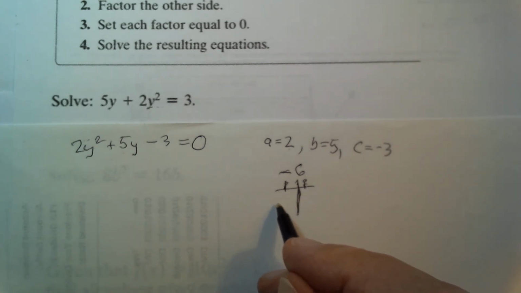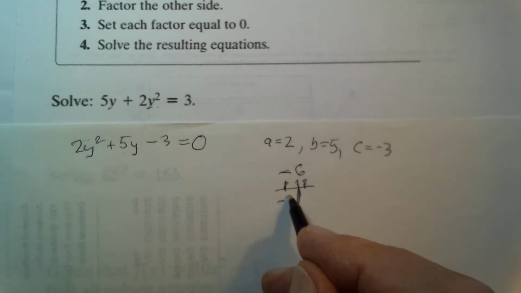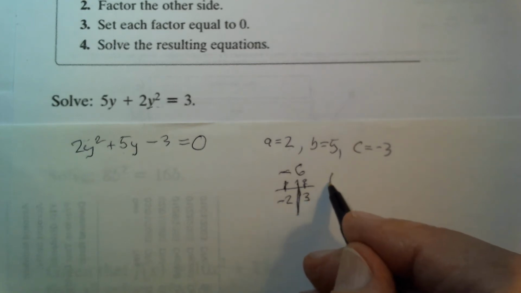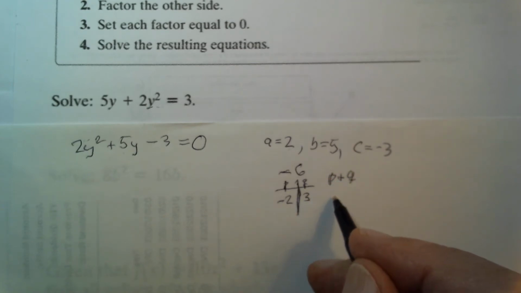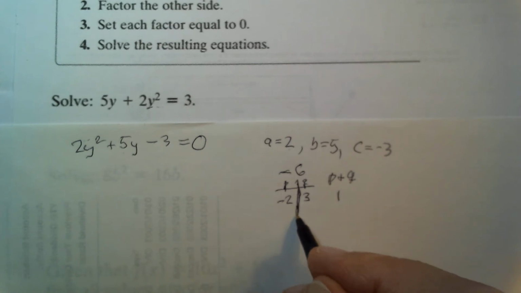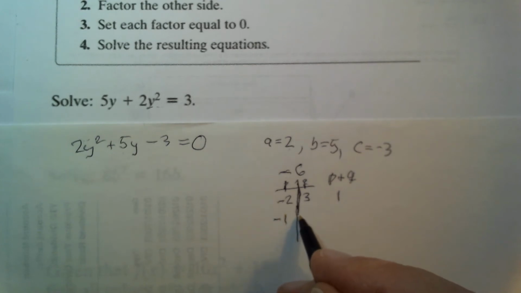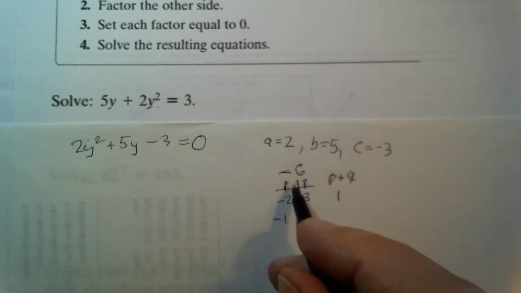So we could, for example, have minus 2 times 3. It would be minus 6. But the sum, p plus q, would be equal to 1. So that doesn't work. We could also say minus 1 times 6. Minus 1 times 6 is minus 6.